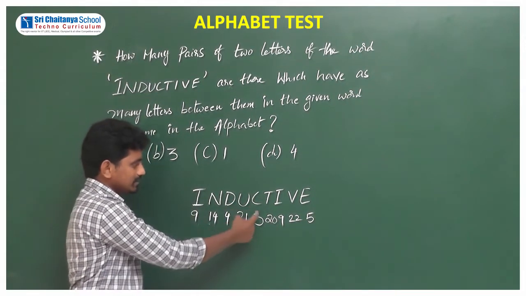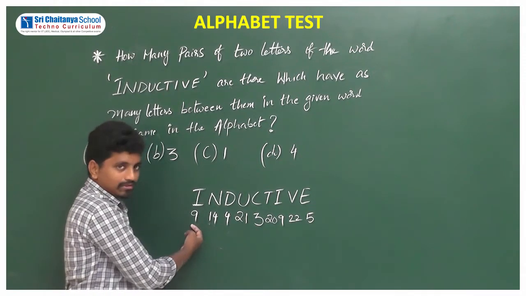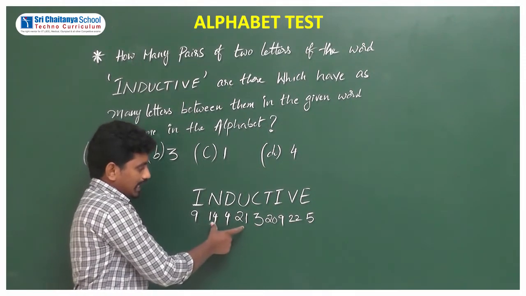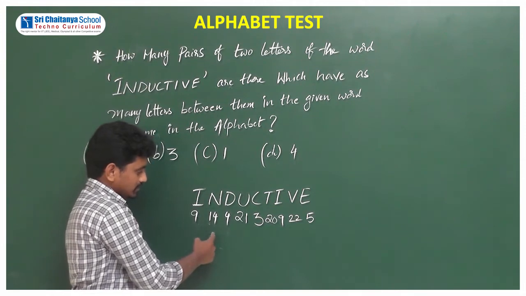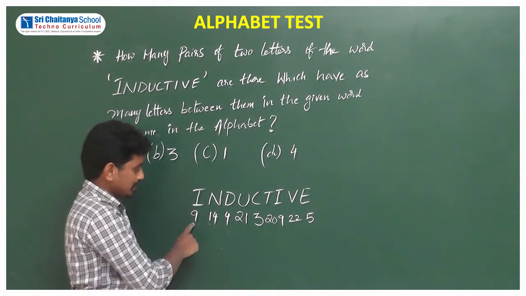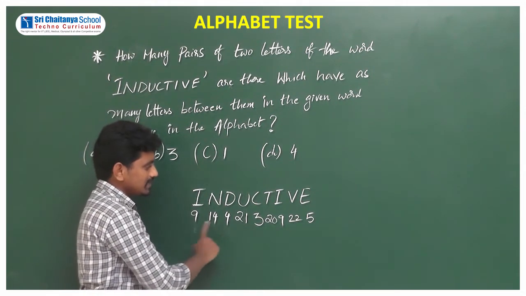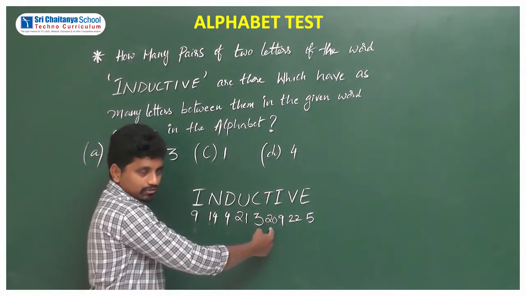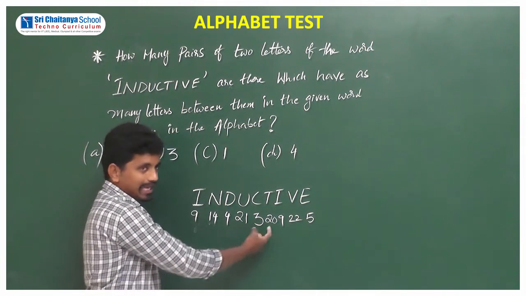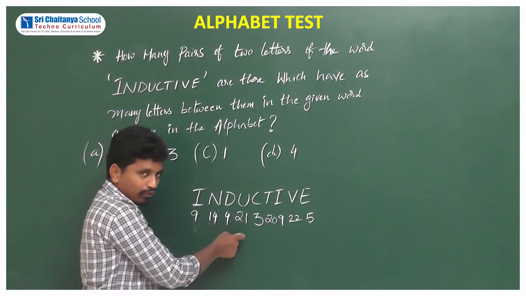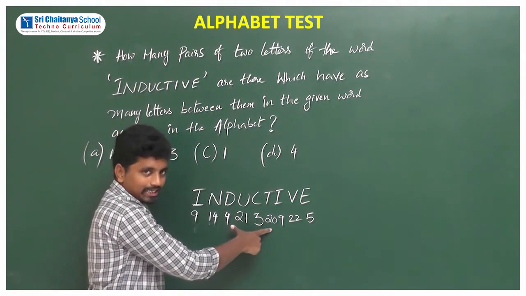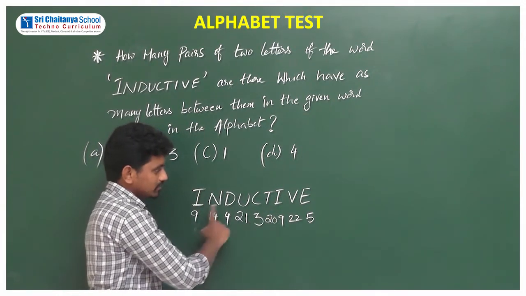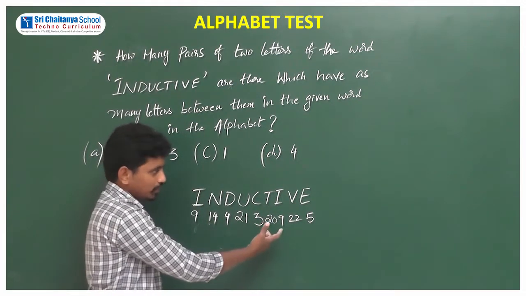And I and C, this is 3 and this is 9. Again 4, 5, 6, this must be the 7th letter, but they gave 9. So I and C not possible. And I and T, 9 and 20. Again so many letters, but here only 4 letters. So I am not going to take I and T. Now I and I, same letter, so that is not at all possible.